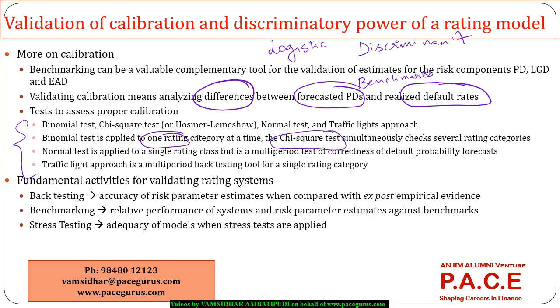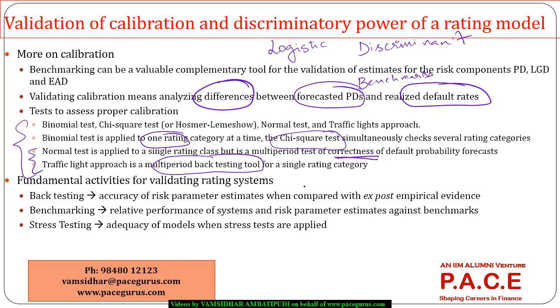The normal test you can also apply to a single rating class, but it is a multi-period test of correctness of default probabilities. So when I am using it over a multi-period model, the normal test is better. Even the traffic light approach is a kind of multi-period backtesting route for a single category. So the normal test or the traffic lights approach can be used for validation of the calibration models.